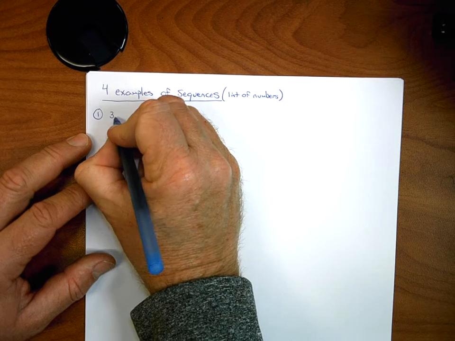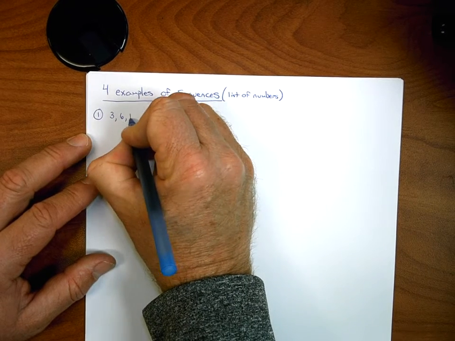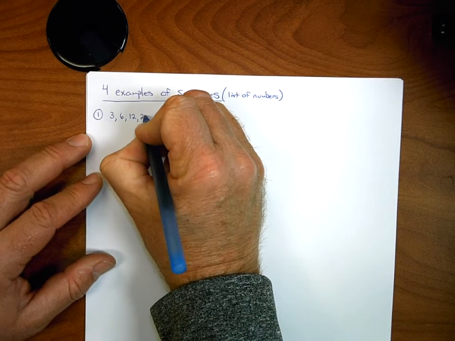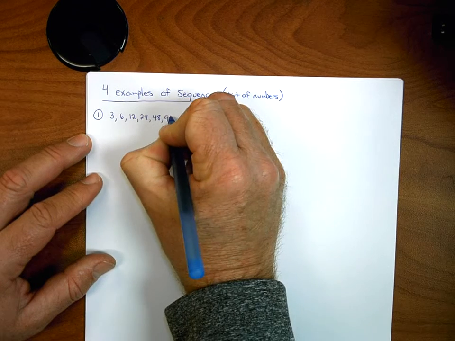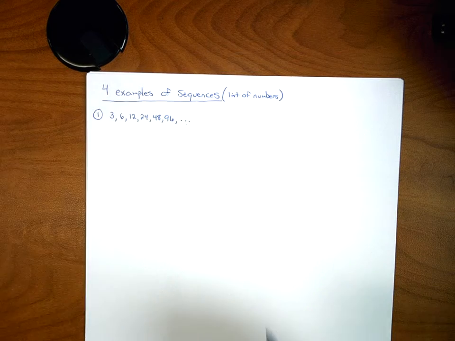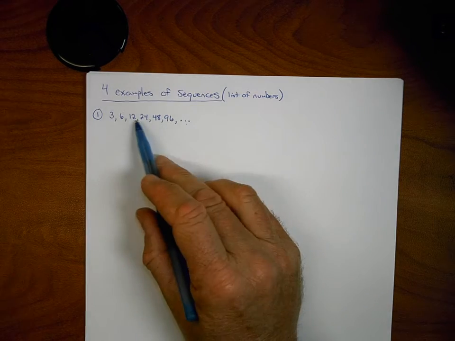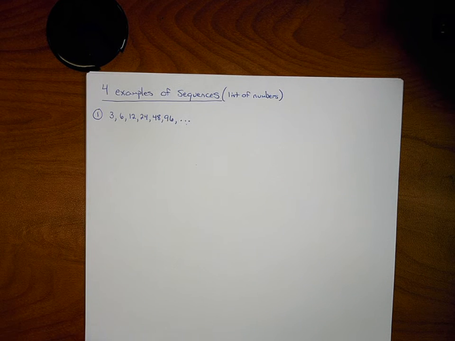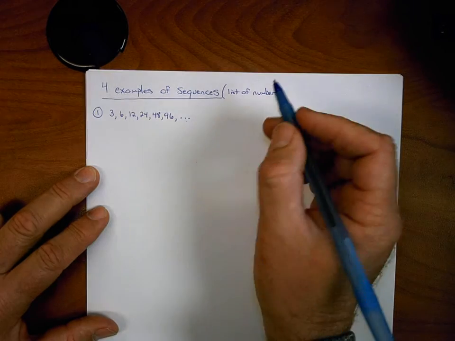For instance, 3, 6, 12, 24, 48, 96, and so on and so on. Remember that dot, dot, dot is called an ellipsis, and that just means that the list of numbers is continuing. That would be an example of a sequence.